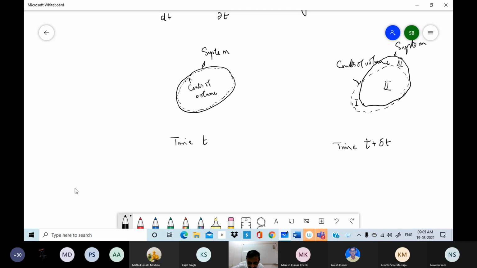So then the reasoning is, I don't have to bother about all those flows if I consider the system. So now if I can relate the rate of change of a property for a system to the rate of change for the control volume, then I know how to apply it to a system.